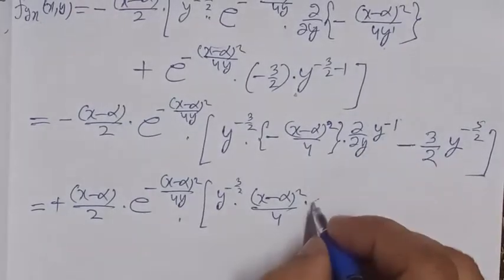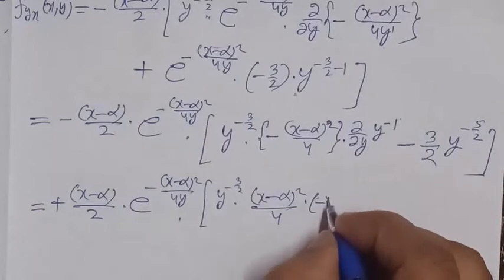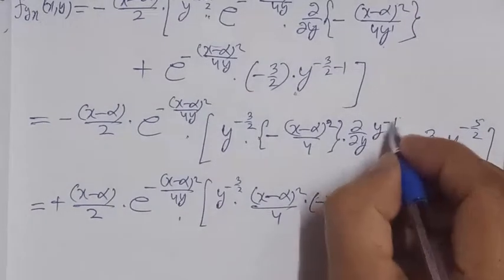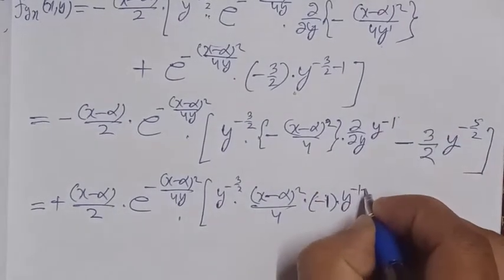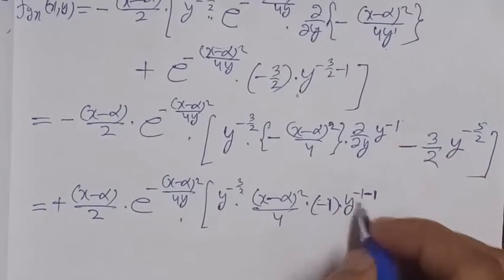on differentiating this value, this power is written here, and after writing this we should subtract 1 from this power.